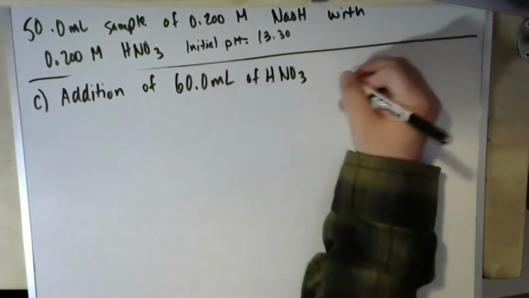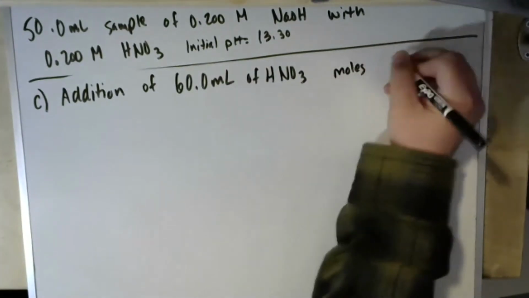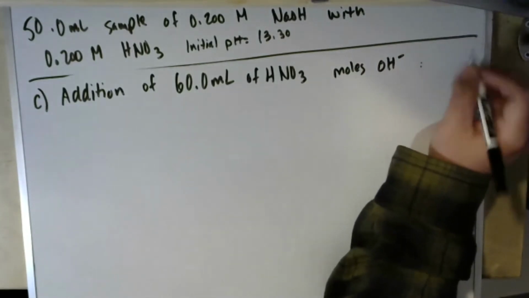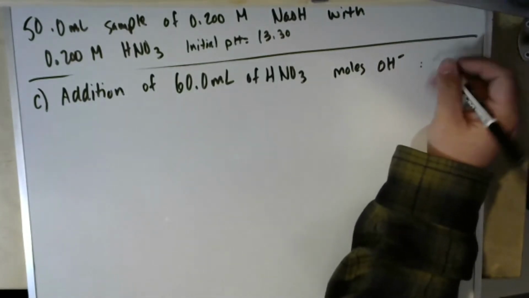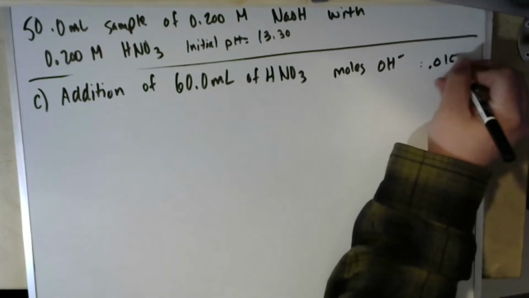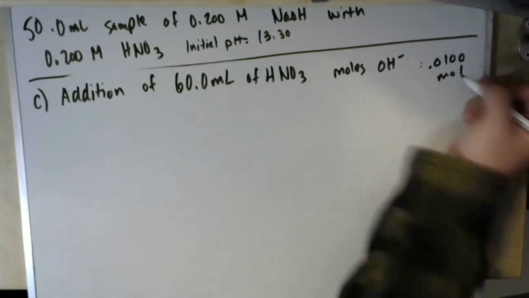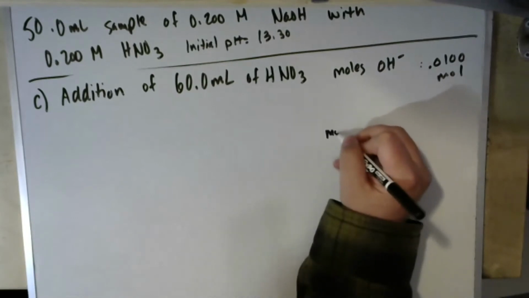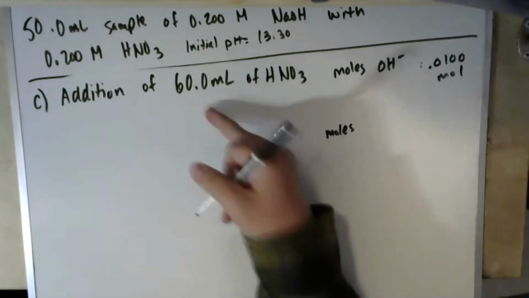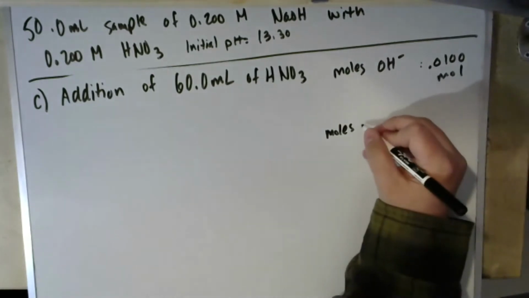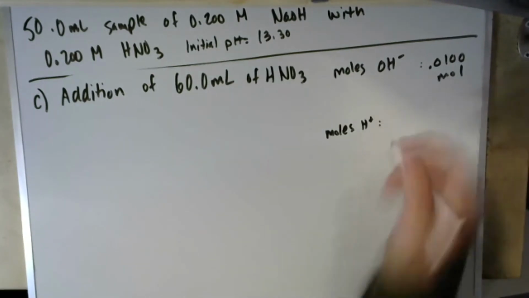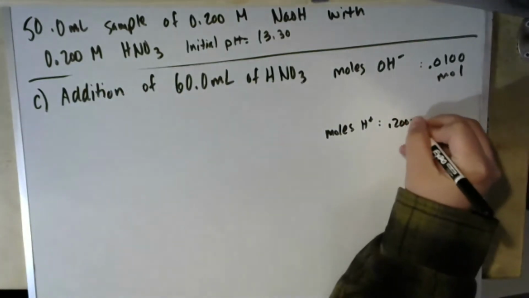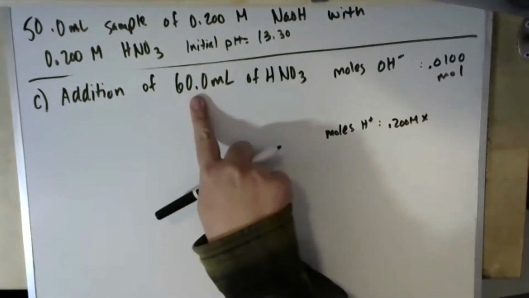We already calculated the moles of our OH minus that we're starting with, 0.0100. And in this case, we want to see the moles that we would be adding with 60 milliliters instead of 30. So we'll take the molarity of the HNO3 and multiply it by the volume here in liters.